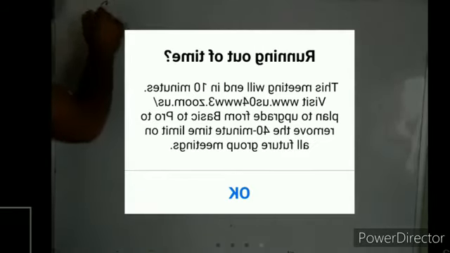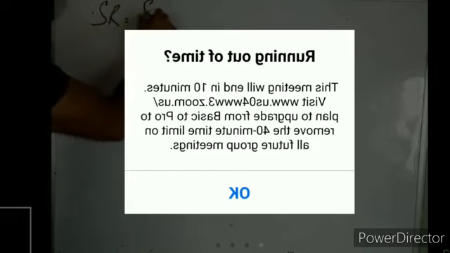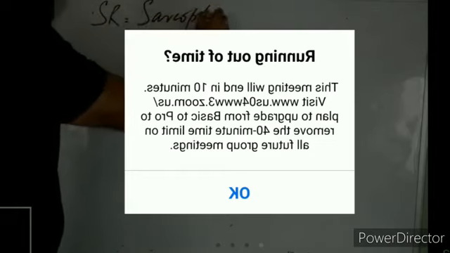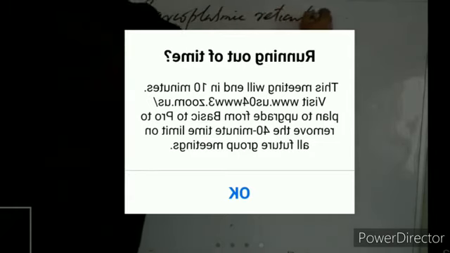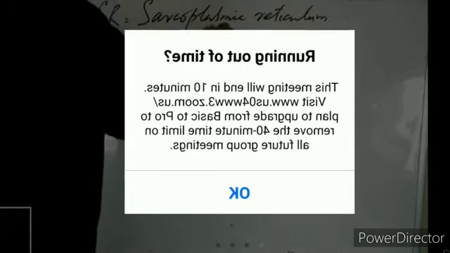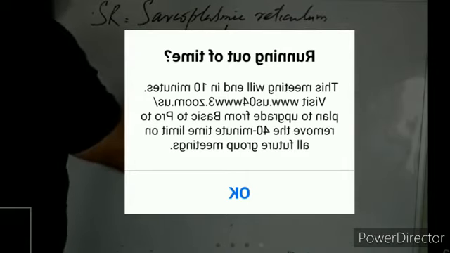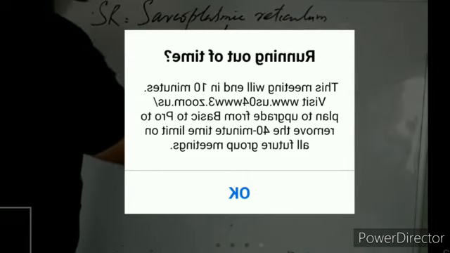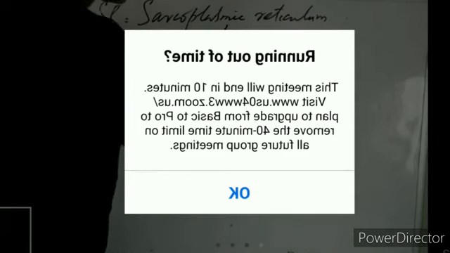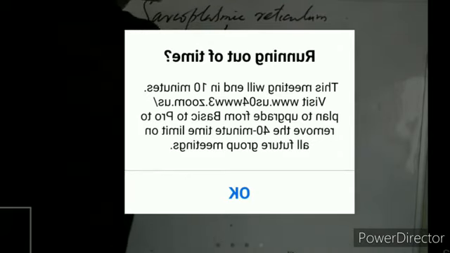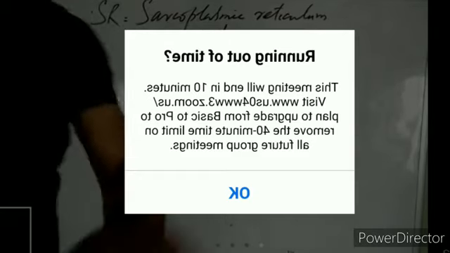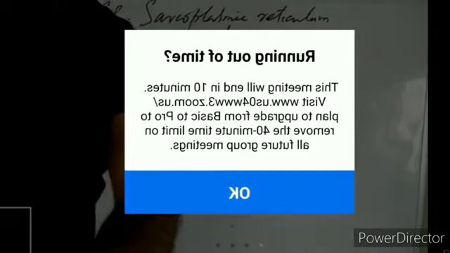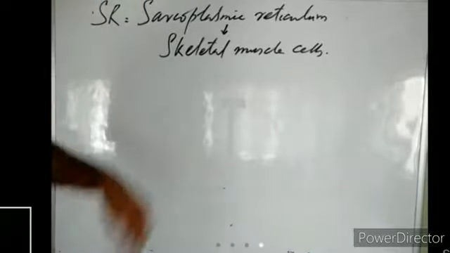Sarcoplasmic reticulum, SR, is mostly found in muscle cells, particularly in skeletal muscle cells, right?